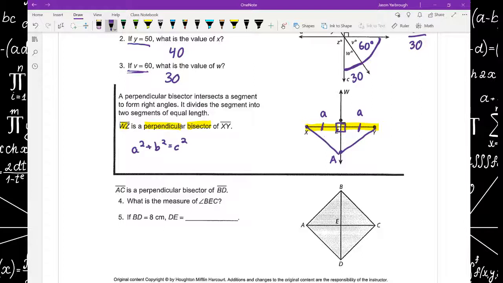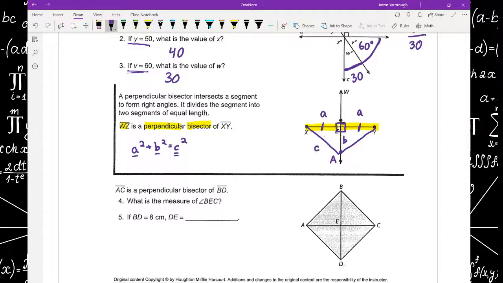Now, the other part of Pythagorean Theorem, we've got the a part, now we want the b, so that would be the other leg. So the leg on these two right triangles is this one here. So notice, these two end up having matching parts. The a would be the same for both these triangles. The b would be the same for both these triangles. That means that the c, the hypotenuse, has to be the same as well.